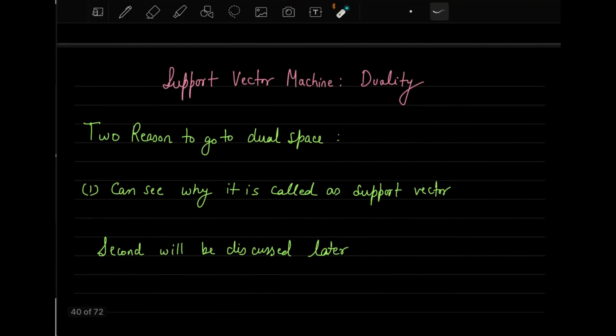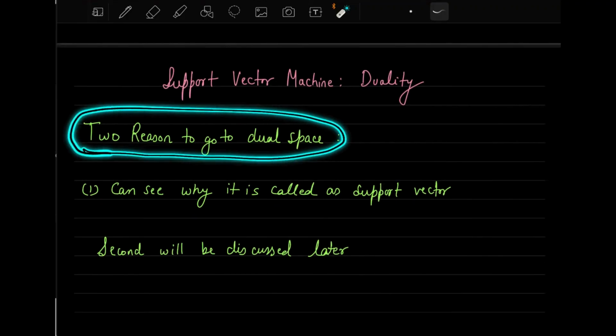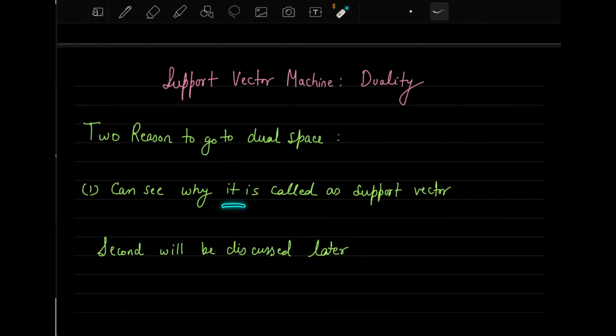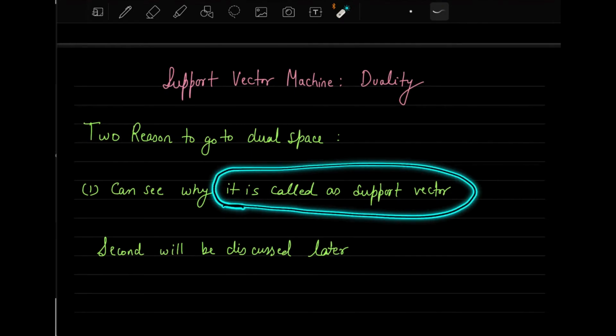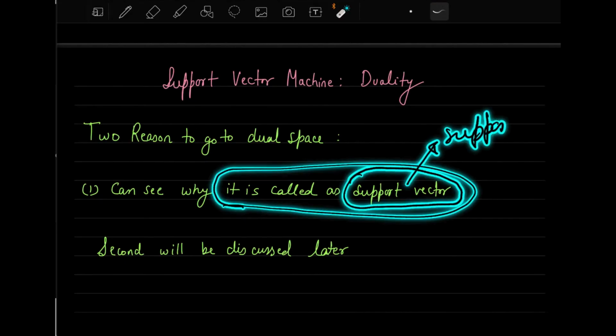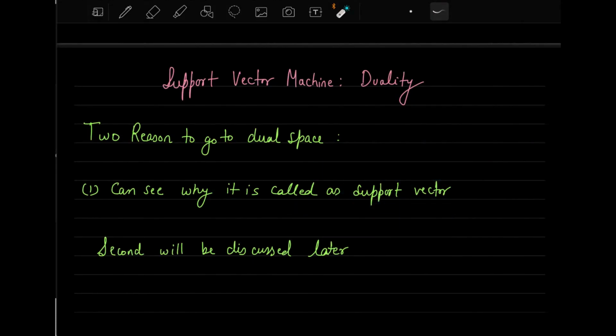So there are two reasons actually to go to the dual space. The first reason is that we can see what actually support vectors are. We are always saying support vector machine, support vector machine. So we want to understand what this support vector term in support vector machine is. This can only be understood if you go to the dual space.